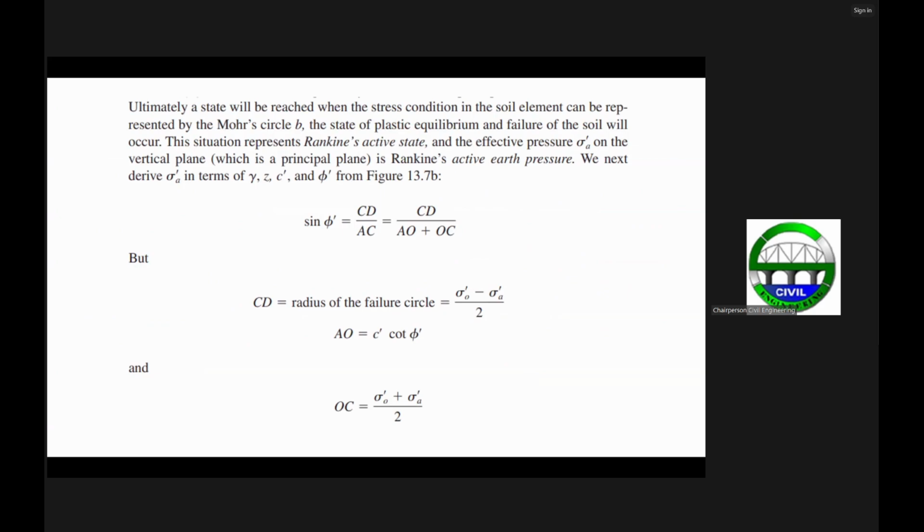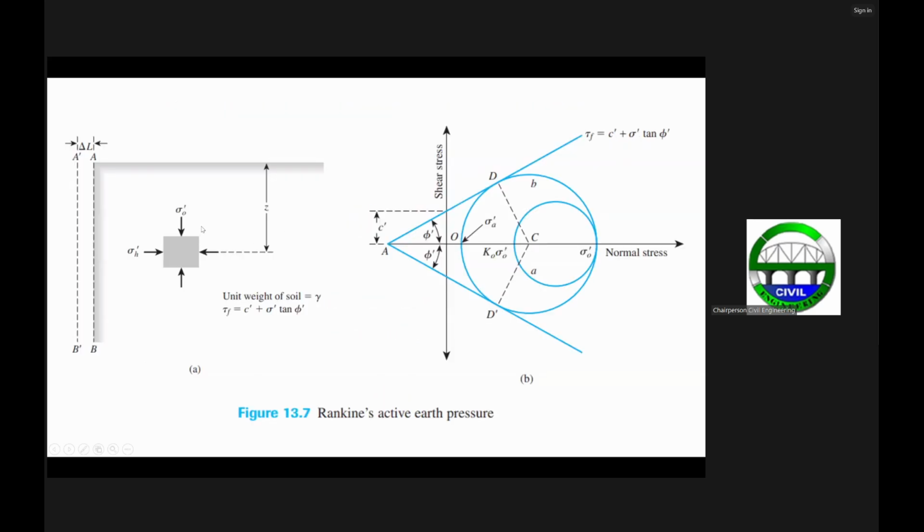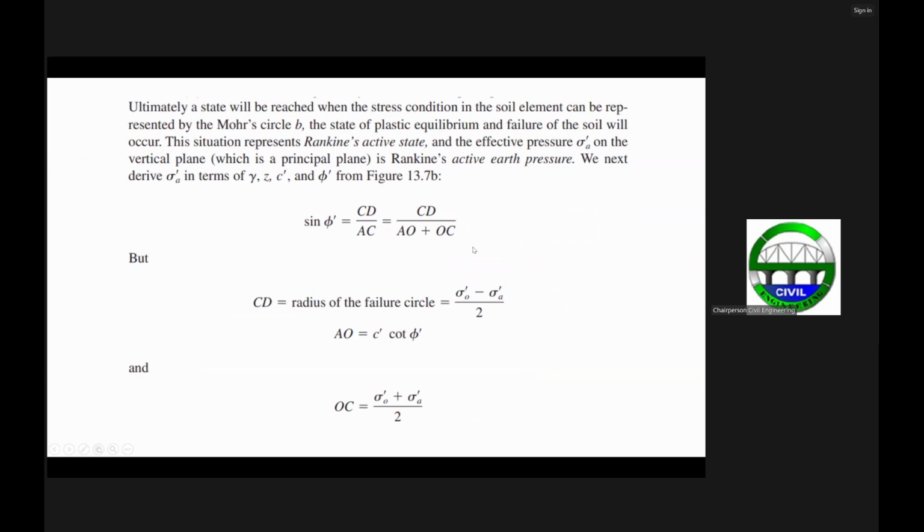And then the effective pressure sigma sub A prime on the vertical plane, which is considered the principal plane, is now what we call the Rankine's active earth pressure coefficient. Again, please take note, we are considering here a frictionless wall.